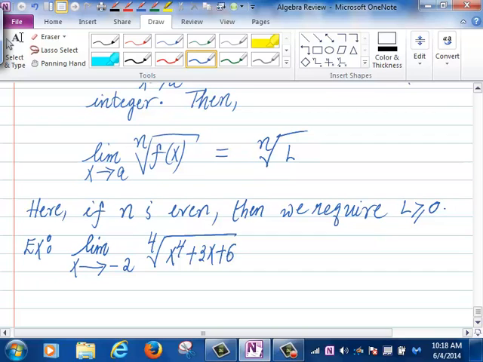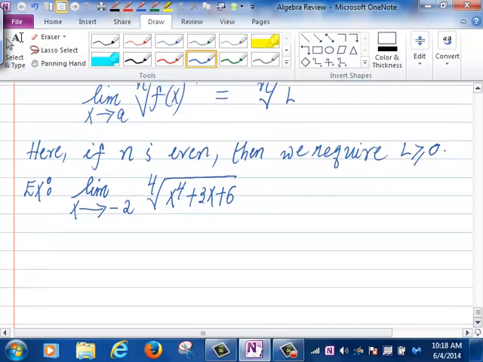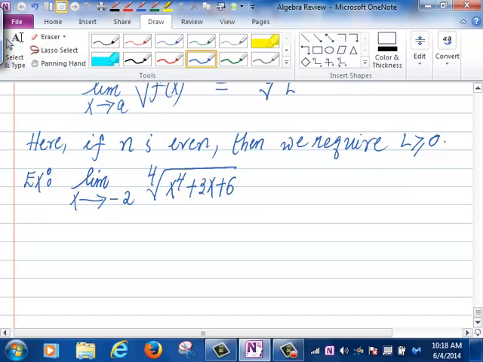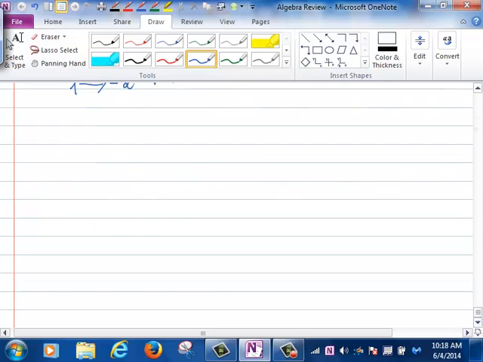So I need to find the limit of this guy, and the previous fact that I gave you tells me that to find the limit, all I have to do is find the limit of the polynomial first, and then take the 4th root of that, okay? And do we know how to find the limit of a polynomial? Just plug in, right? Okay.